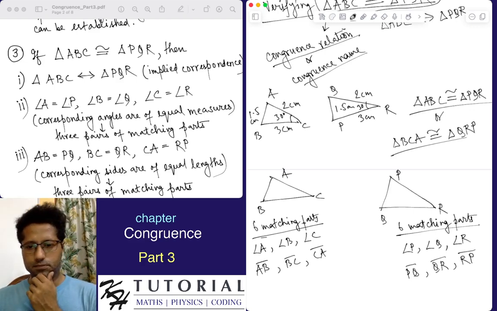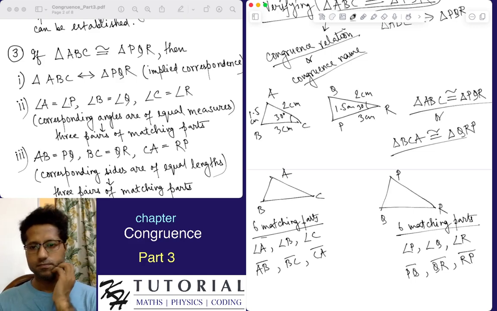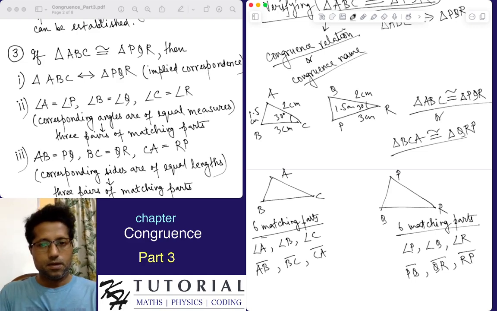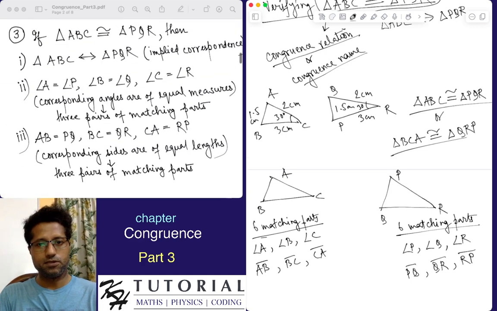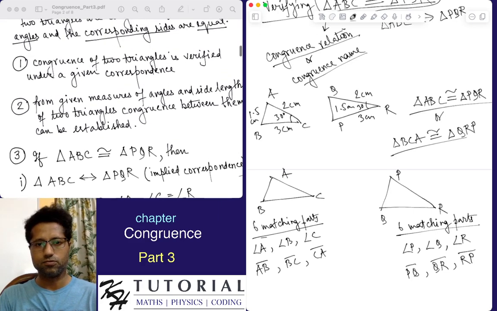So we have 3 matching parts which are angles and 3 matching parts which are sides for a triangle, related to congruency of two triangles. Okay. Now what else? This was point number 3. These are all points and concepts I am discussing related to congruence of two triangles.